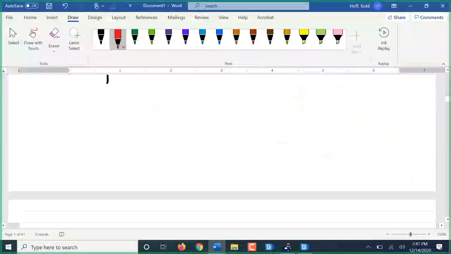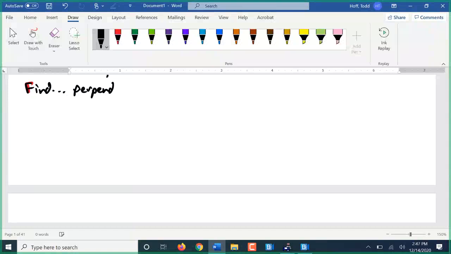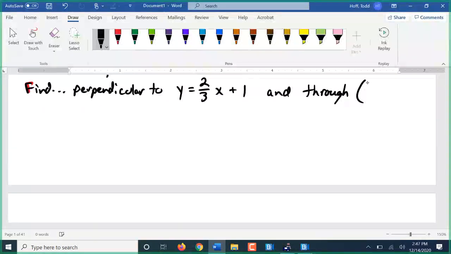Again, back to what we were doing before with the parallel lines. We might be asked to find the equation of a line perpendicular to y equals 2/3 x plus 1 and through the point 4, 3.